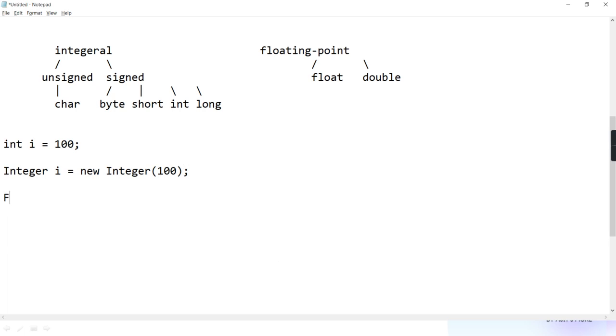Any other primitive values, like I am writing float f equal to new float and 4.5f if I write. Here what will happen? Can anyone tell me? Is that 4.5 primitive now going to be represented as that 4.5 as an object?